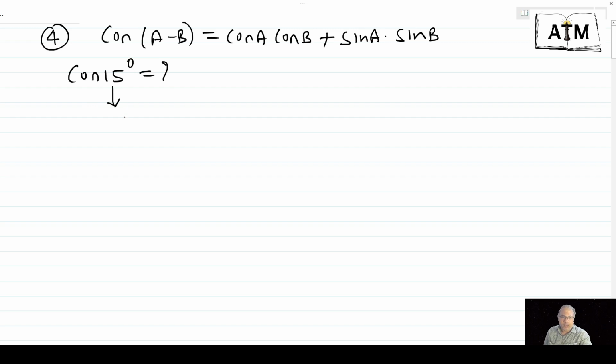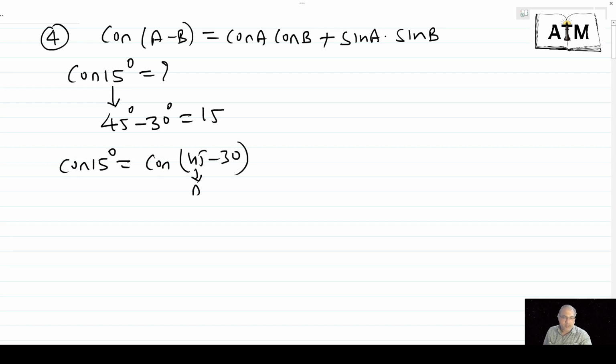Then you have to select two standard angles such that their subtraction equals 15 degrees. Example, 45 degrees minus 30 degrees equals 15 degrees. Therefore, cos 15 degrees can be written as cos of 45 minus 30, where 45 equals A and 30 equals B.